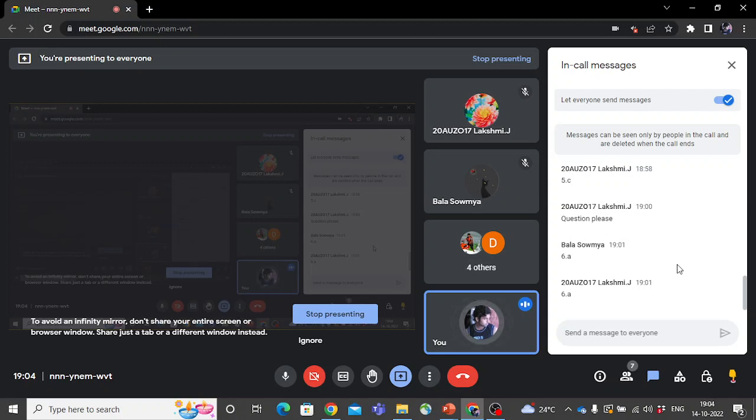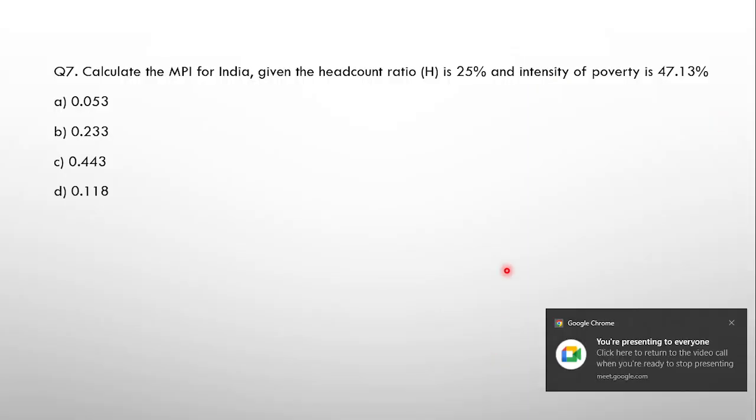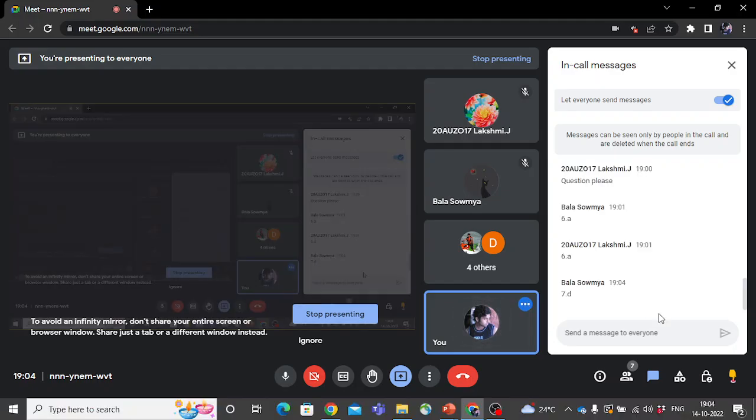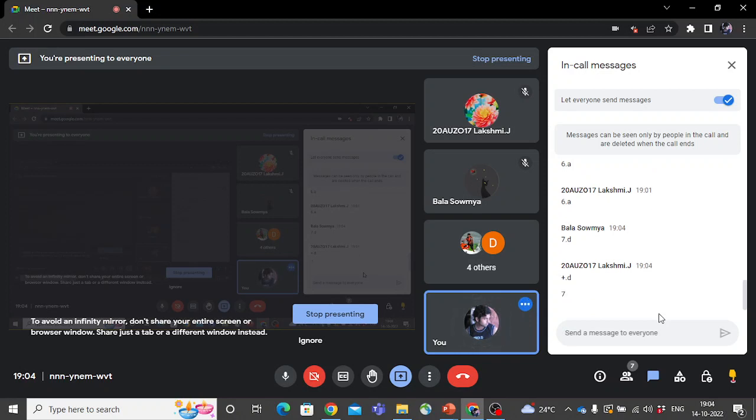Do we have answers? D, yes, absolutely right. Anyone else? Yeah, perfect. Because it's just 0.25 multiplied by 0.4713. That's all.